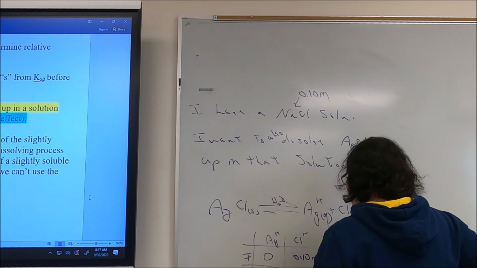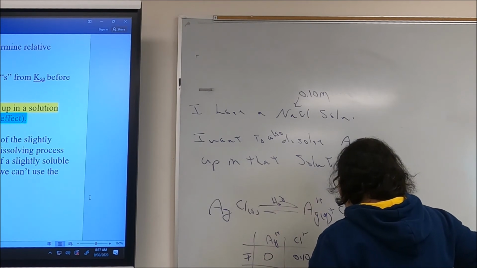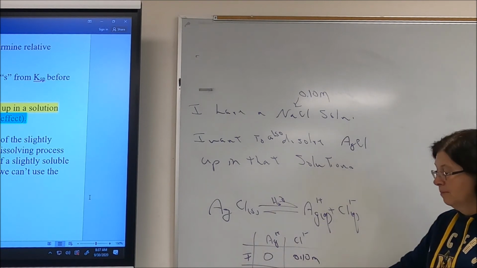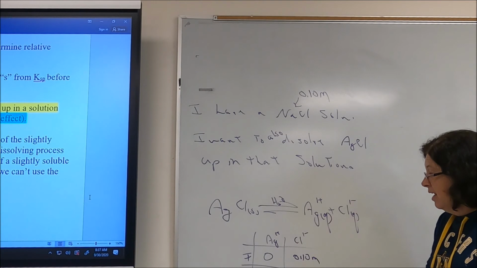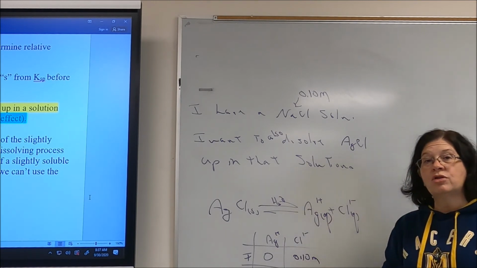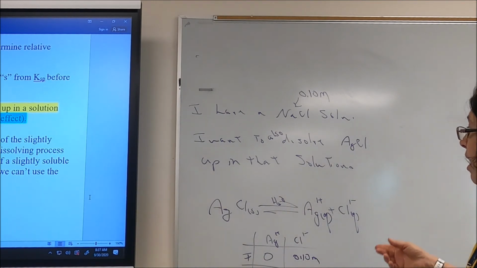So plus S, so this is S, and 0.10 plus S. The fact that I have some chloride ions in there to begin with is going to reduce the solubility of my silver chloride, my slightly soluble salt.